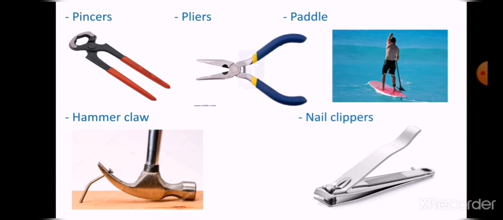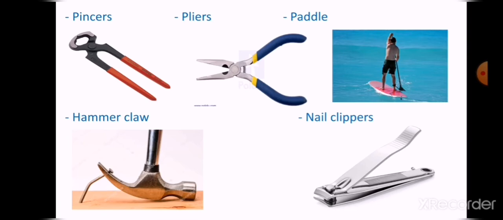So you have to know that each of scissors, pliers, pincers, and nail clippers is composed of two first class levers. Okay, if I give you any example like pincers or hammer claw or nail clippers or scissors and ask you to give the reason why it is a first class lever, you have to answer by the definition of the first class lever.